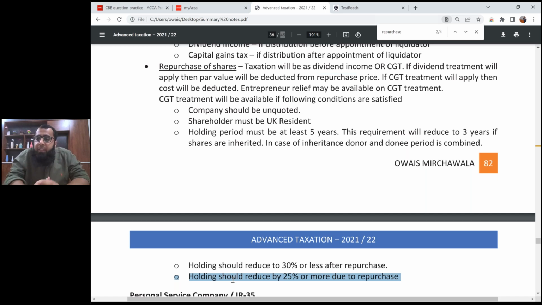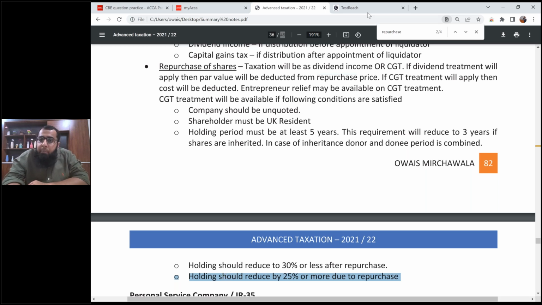One condition is missed here due to a typing error, and that 6th condition is that the repurchase should be in the best interest of the company. There are 6 conditions: unquoted, UK resident, 5-year holding, the fourth one is that repurchase should be in the best interest of the company, holding should reduce to 30% or less, and holding should reduce by 25% or more.